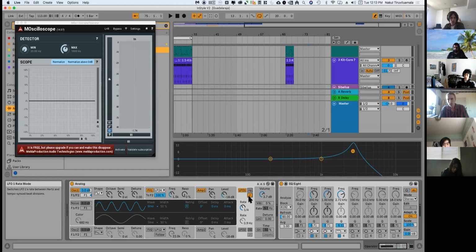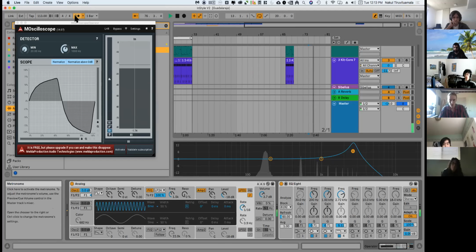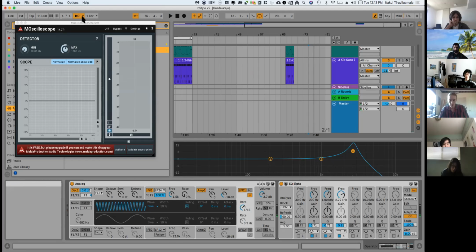You could also adjust the rate of the modulation in terms of beats: quarter notes, half note tuplets, half notes, 16th notes. If I turn on my metronome, it can synchronize with your metronome, right? So that is the rate.